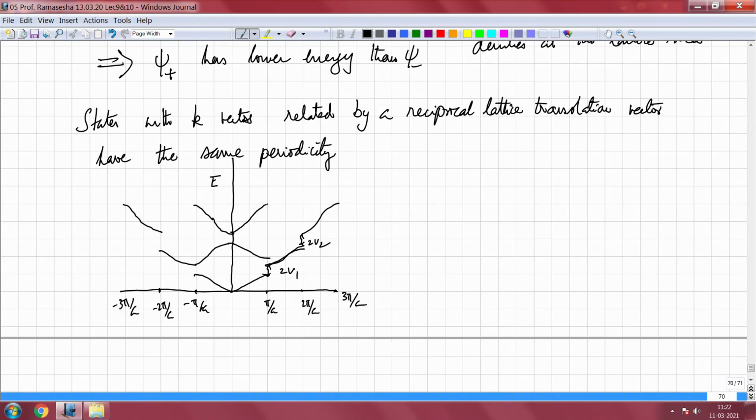What we have now is everything defined within this region of minus pi by a to pi by a. What we were assuming was k going from minus infinity to infinity; we now have k going from just minus pi by a to pi by a.